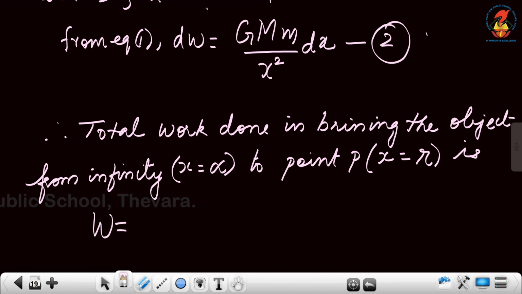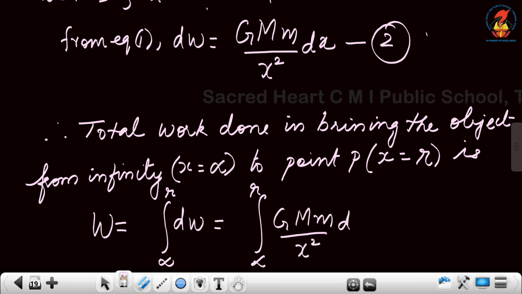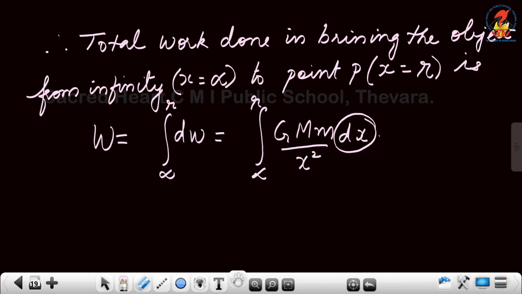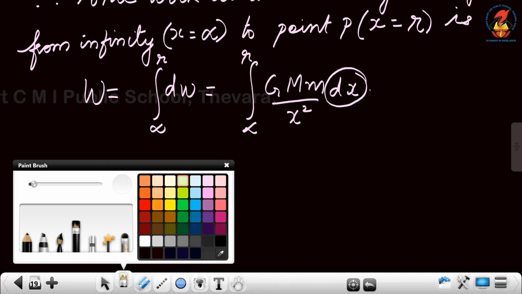W is equal to integral from, where is my initial point? The object is now at infinity, so the initial point is infinity, to where I am bringing it, point P at a distance r. So integral from infinity to r dW, which is equal to integral from infinity to r GMm by x square dx, which means we are integrating with respect to x, the distance. So we know capital G, small m and capital M are all constants, so we can bring them outside the integral sign.